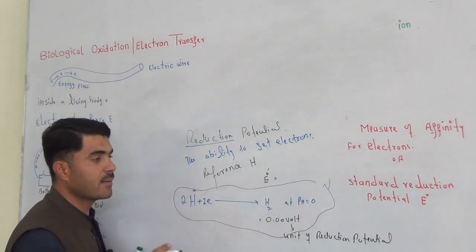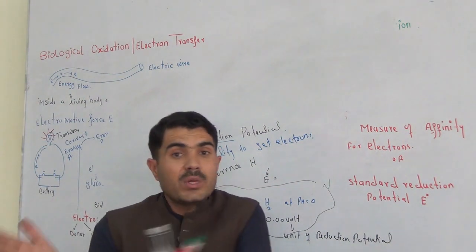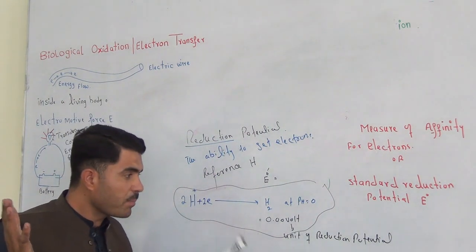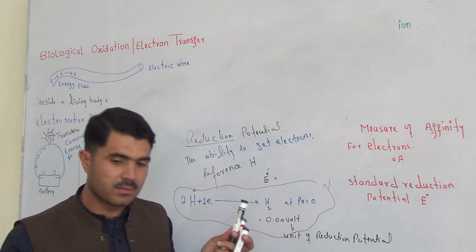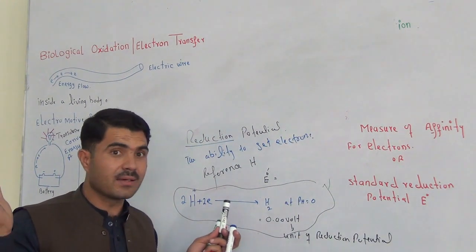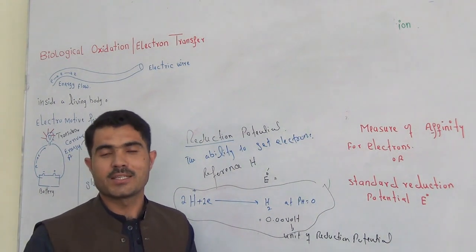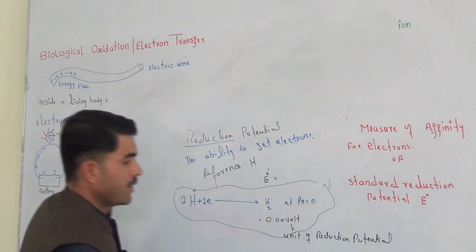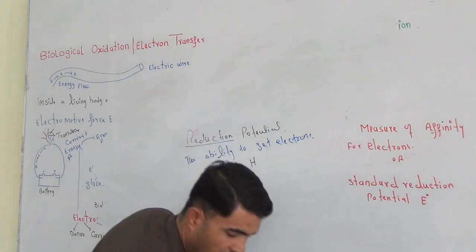Now we will compare all the other atoms or molecules, any atom or molecule that we have, with this one. As compared to this reduction potential, all the others would either get electrons or lose electrons. So accordingly we will decide. Now we will set up a half cell.